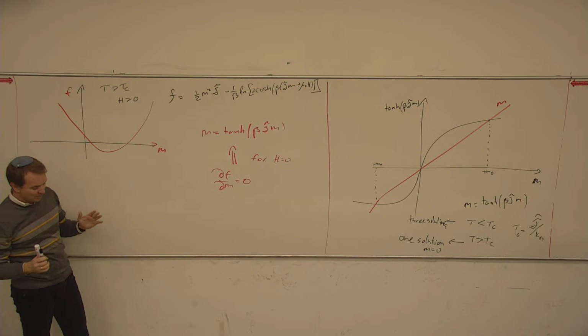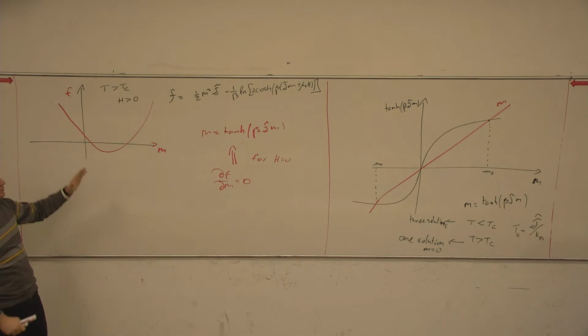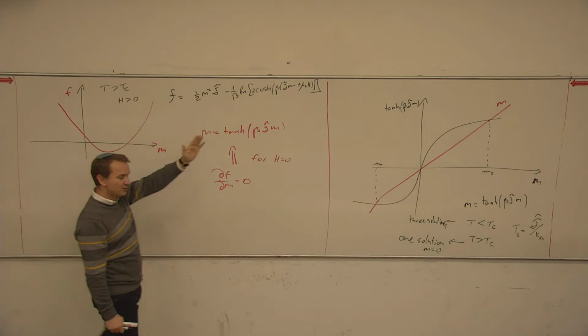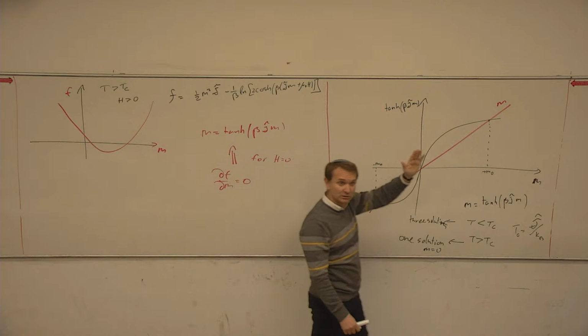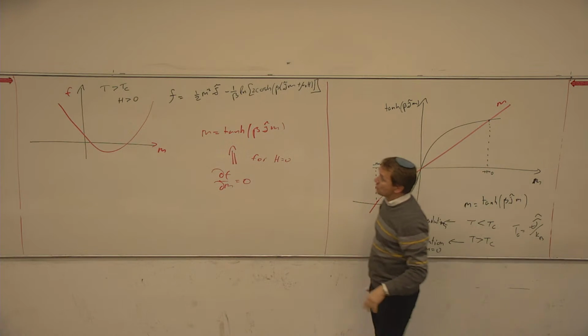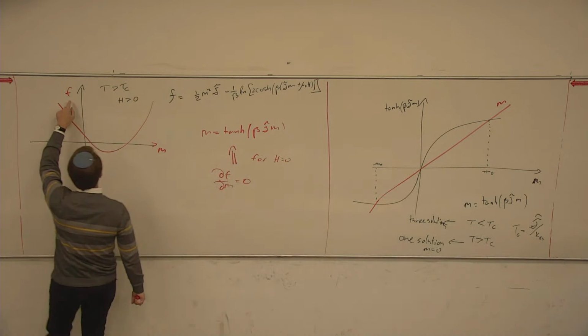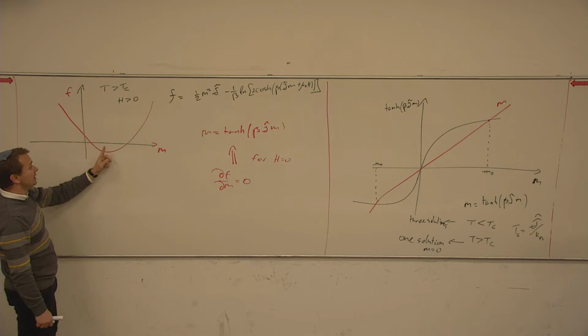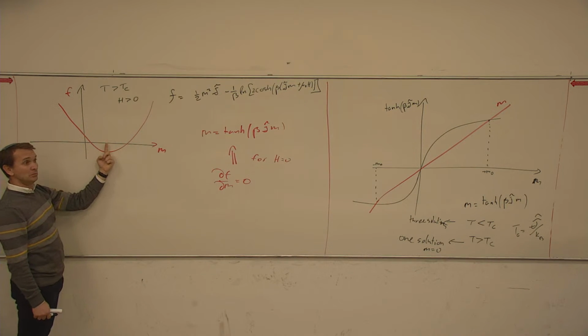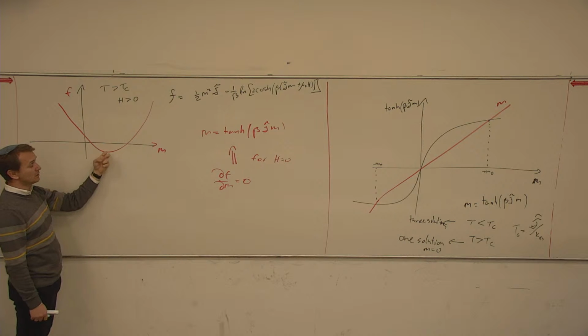Due to this external field, all the different spins prefer to point in the direction of the external field, right? So the minimum of the free energy occurs at some specific positive M.